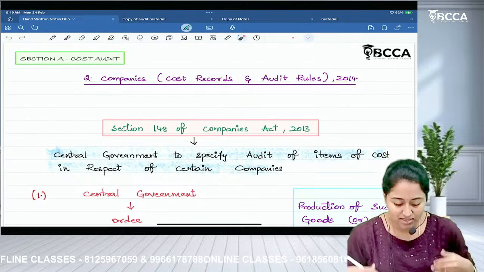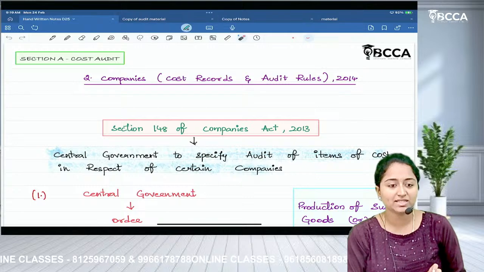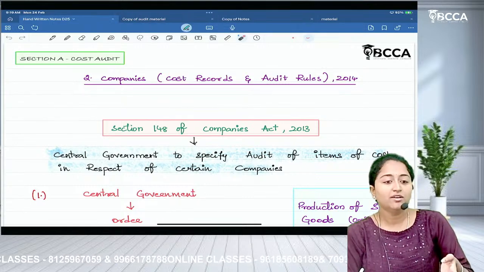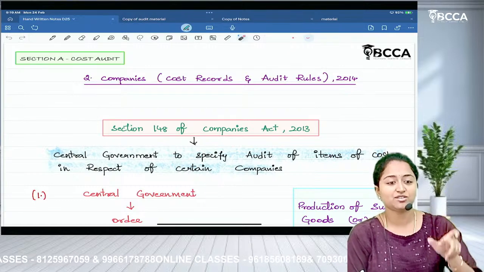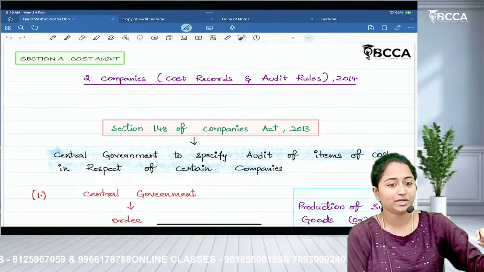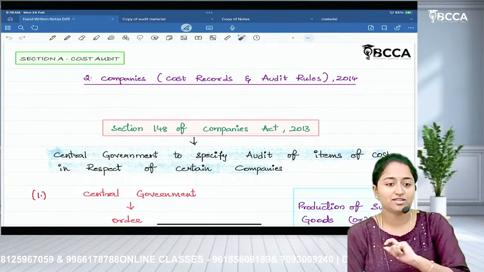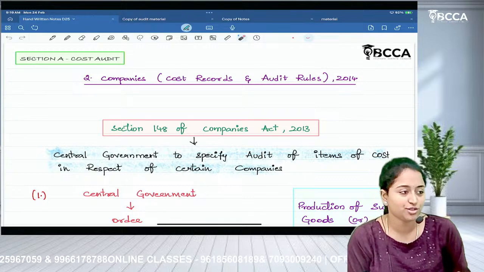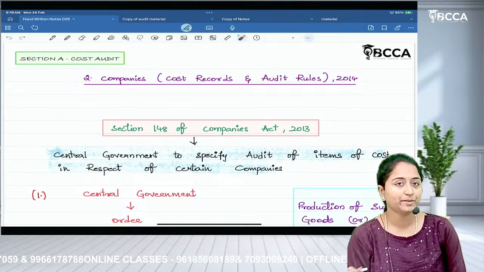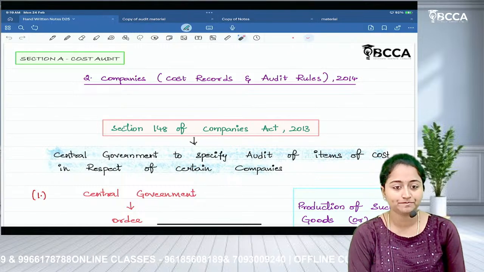This has been brought under Companies Act 2013, the newly revised Companies Act. When we looked at the genesis of cost audit, the last point we saw was 2014. What happened in 2014? In Companies Act 2013, the Companies Cost Records and Audit Rules 2014 were brought in. So this is the unit called Companies Cost Records and Audit Rules 2014.